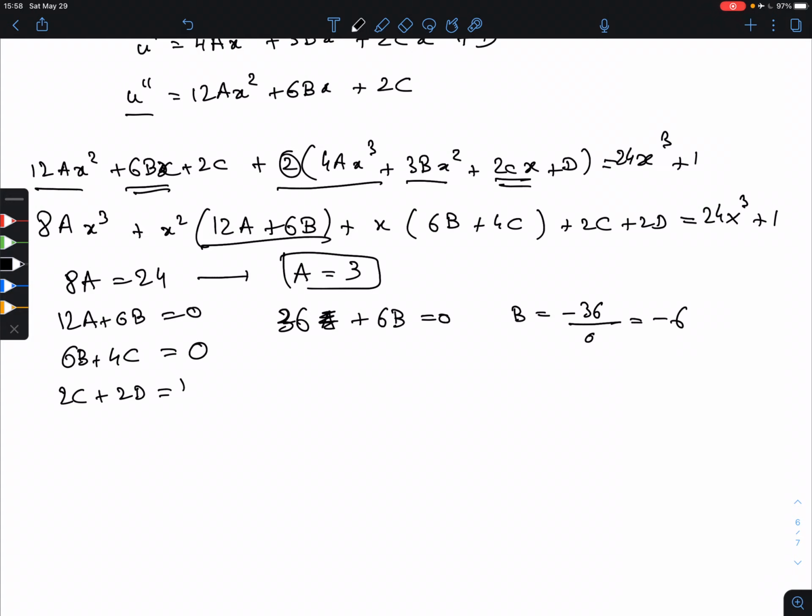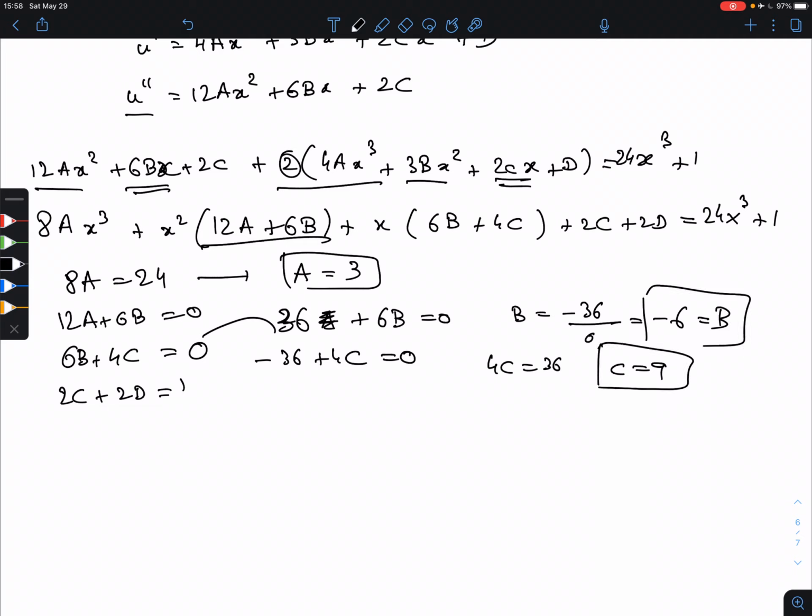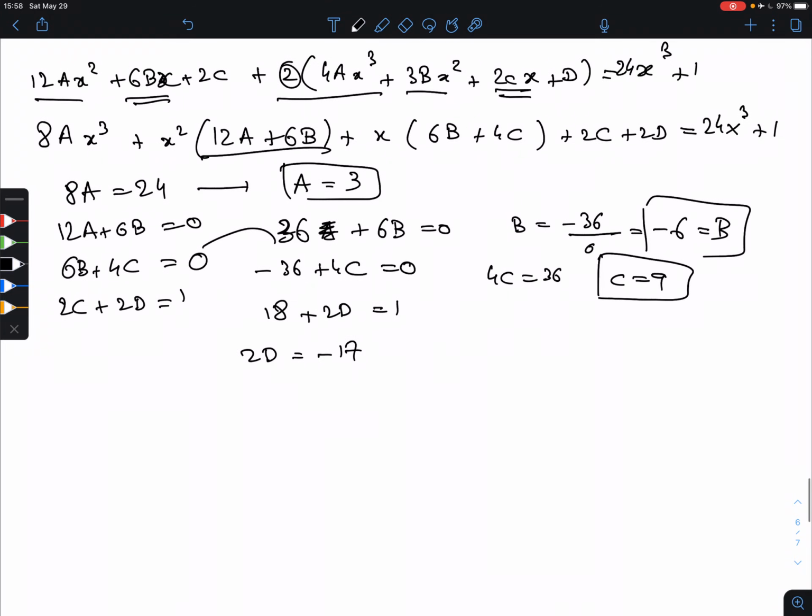And then I plug the b in here, so I get minus 36 plus 4c equals 0. So we see that 4c is equal to 36, so c is equal to 9. And then finally I plug this in here: 18 plus 2d is equal to 1, so 2d is equal to minus 17. This is where I get a fraction, but that's okay: d is minus 17 over 2.